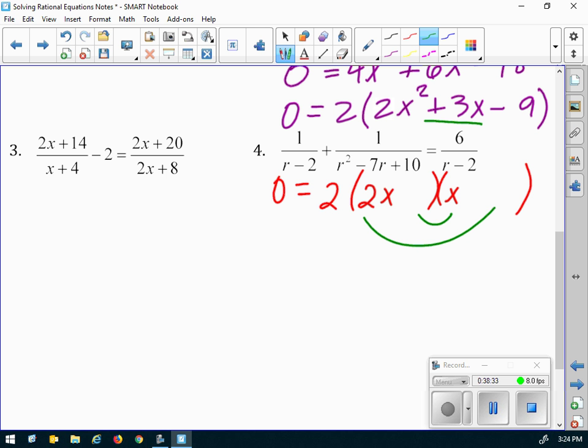Okay, all right. It doesn't factor? Yeah, it does. That gives us what? 6x minus 3x? And then there's your minus 9.